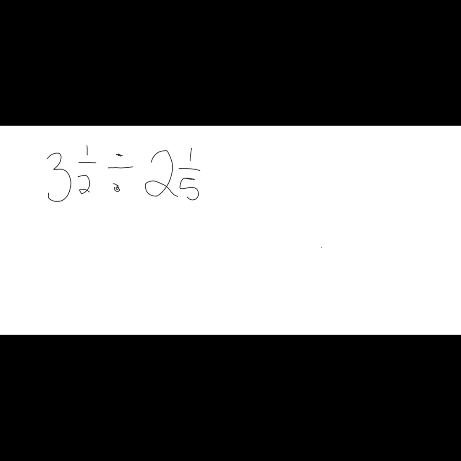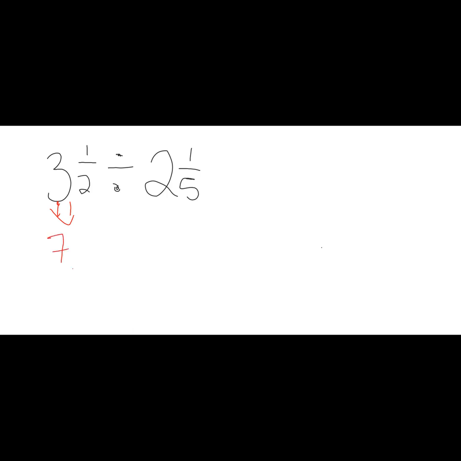Yes, sir. All right. So again, we first have to convert our mixed number into an improper fraction. So this will give me 3.5. What is this in a mixed number? 7/2, sir.